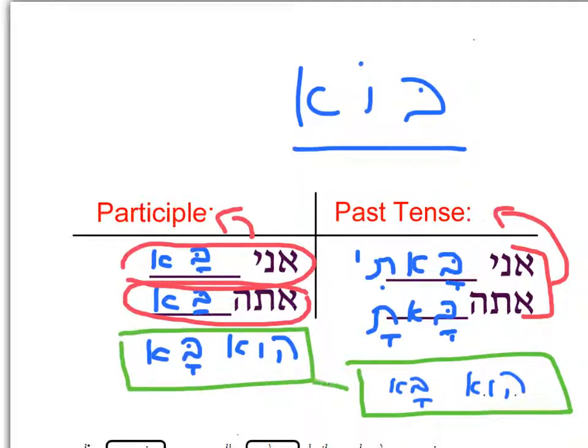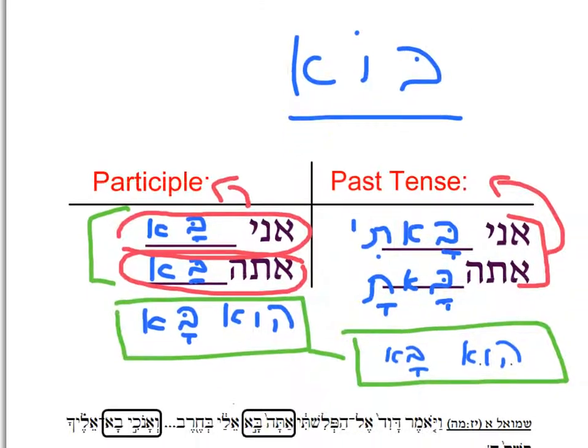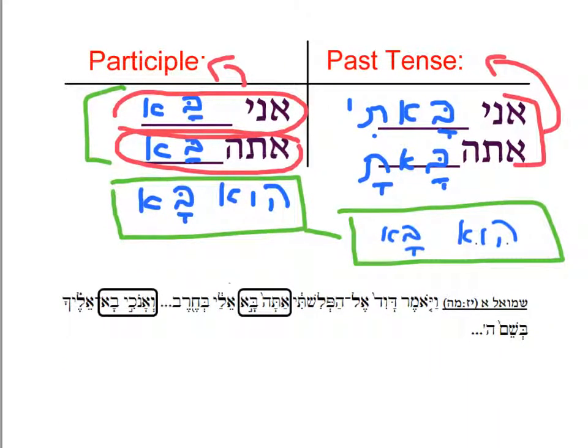Let's put that question on hold and see how the ani and ata can play out in an actual pasuk. Here on the bottom, I have a pasuk from Shmuel. This is the story of David and Goliath. Vayomer David el ha-plishti. David said to the Plishti, who is Goliath, Ata ba elai becharev. Is ata ba past tense or a participle?